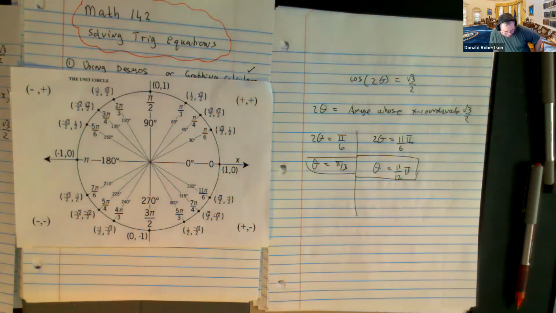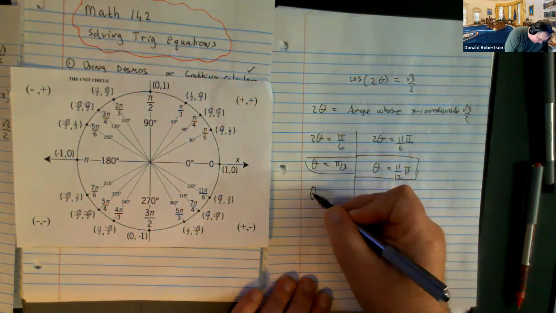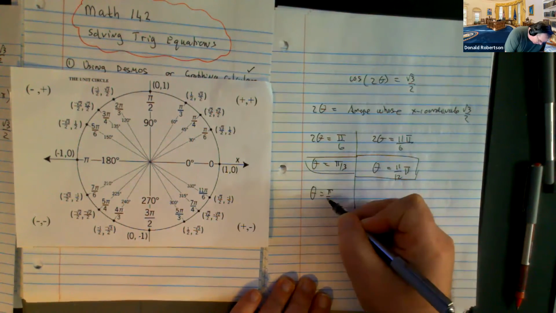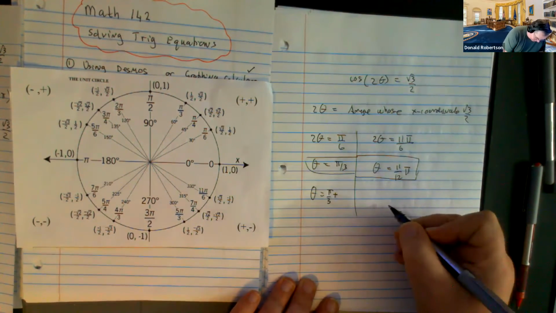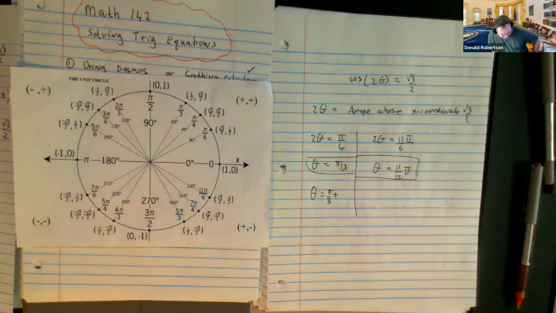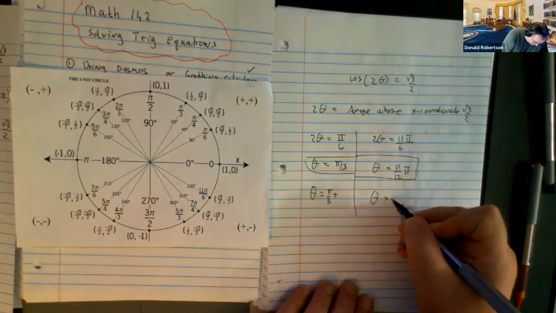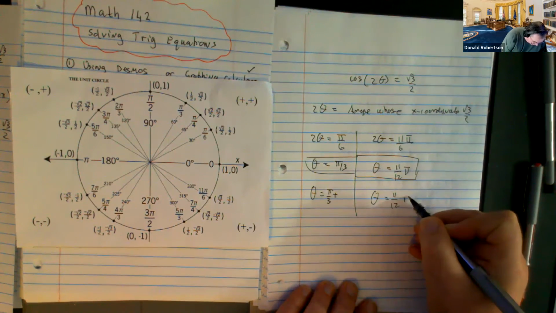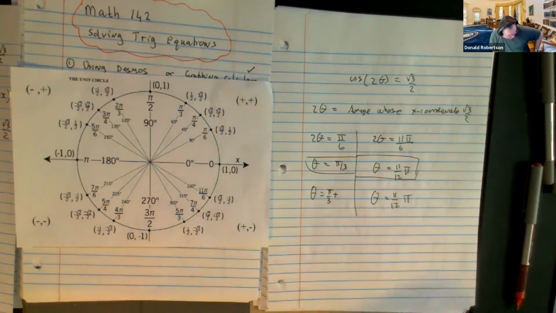There are more answers, aren't there? There's actually 4 answers in this question. Where are the other 2 hiding? What do I add on to pi upon 12, for instance, to get the next answer? And what do I add on to the 11/12 pi we got to get that one?